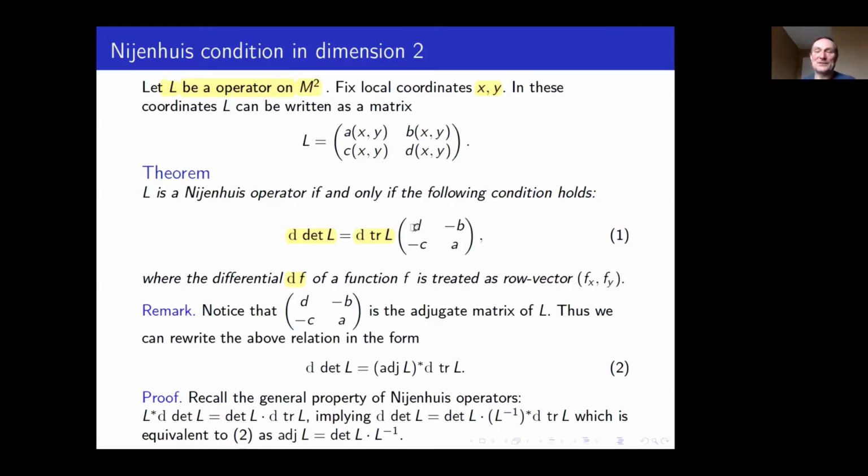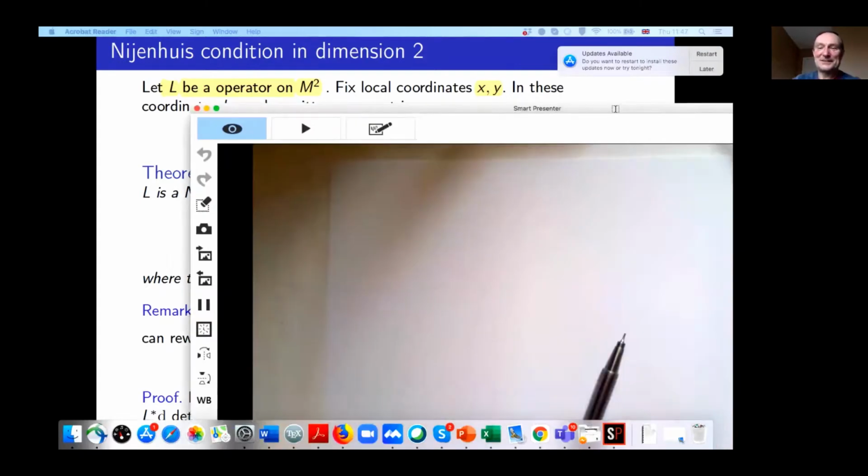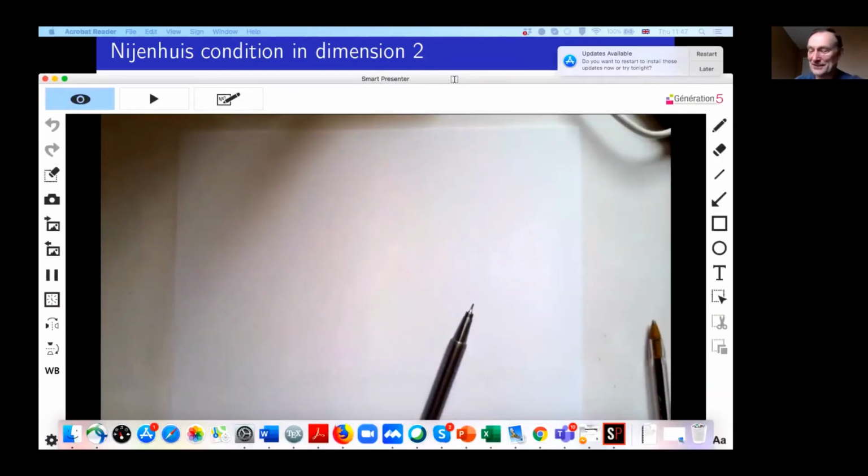So what is that? This is a matrix which is well known in linear algebra. It is called the adjugate matrix for L. I don't know if I should remind you of this definition. What is that adjugate matrix?